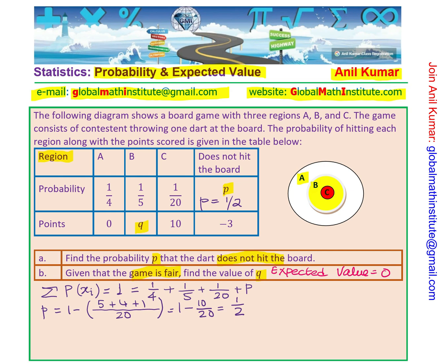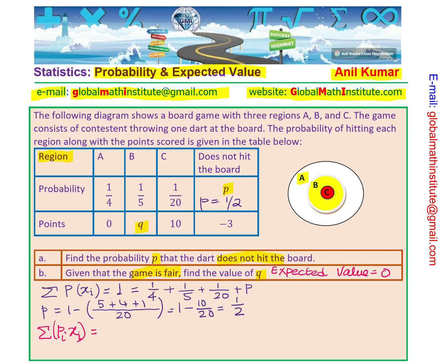Now, how do you find the expected value and how do you equate to get the value of Q? You need to multiply the probability with the points, correct? So we need to do the sum of, in this case, the probability p's, so this is not the earlier p, times the x, so probability of each.